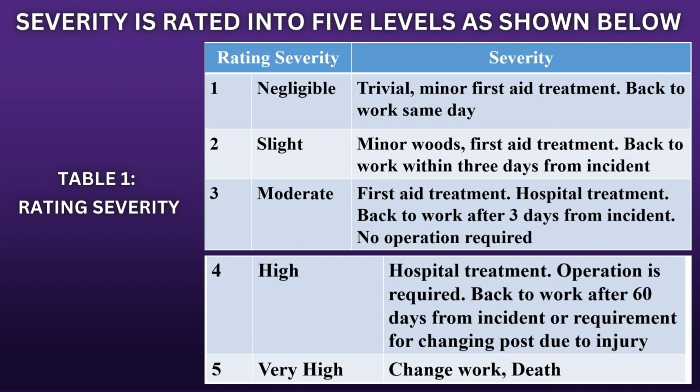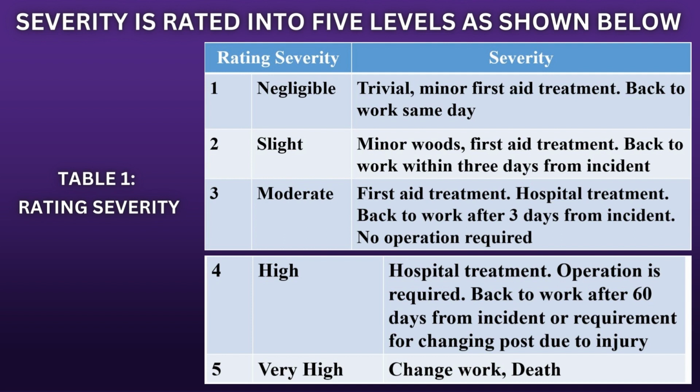Then moderate severity, first aid treatment is required. Hospital treatment may also be required. The worker may be back to work after 3 days from the incident, but no operation is required.